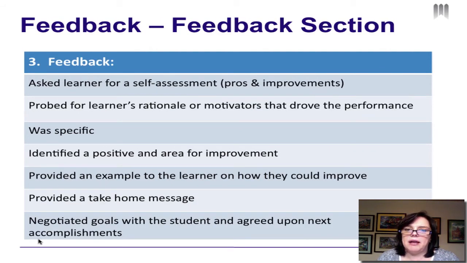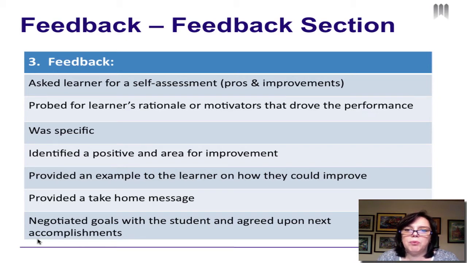Pertaining to feedback, the one thing I'd like you to take away is, did they ask the learner for their own self-assessment up front? So did they say, how do you think you did? Can you tell me what you did well? Did you tell me what you didn't do so well? Did they probe for the learner's rationale?